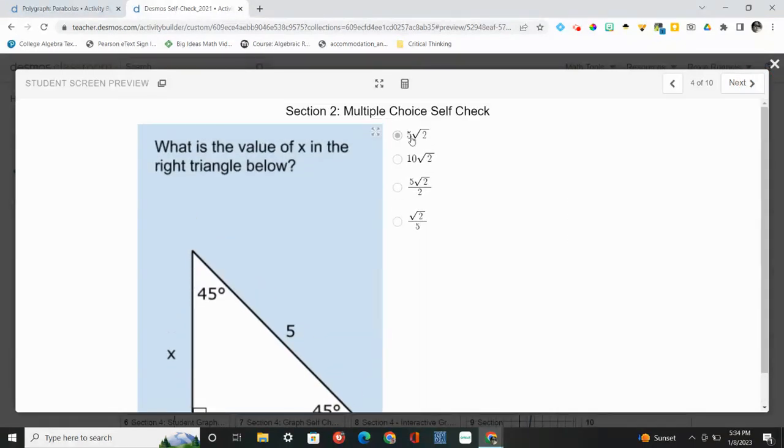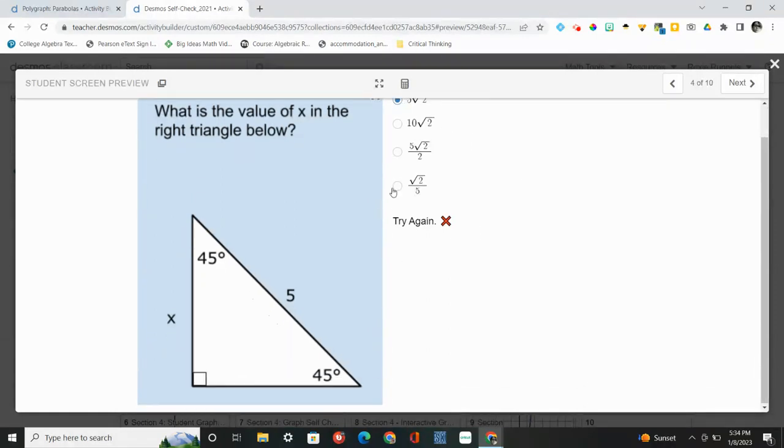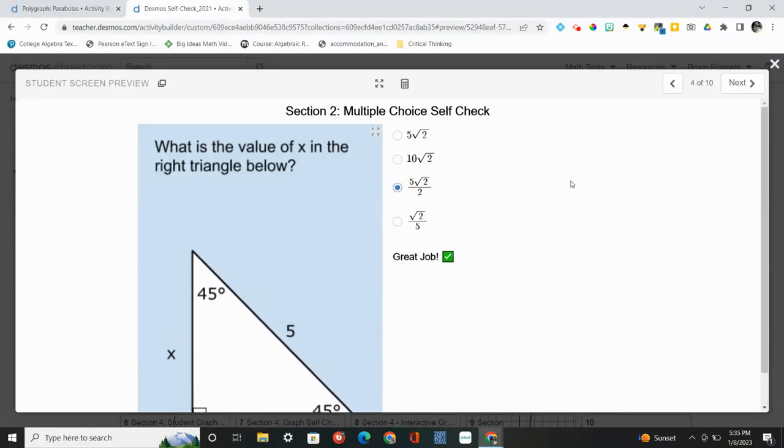Here, in this problem, I chose the wrong answer on purpose the first time to see that you try again. And when you get the correct answer, it gives them that positive feedback. When we did the session, one of the things that we talked about, and I didn't build it into here because I wanted us to have those discussions as teachers, was giving students feedback on those incorrect answers.